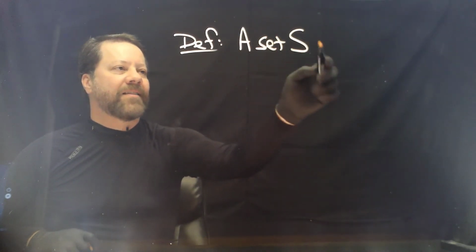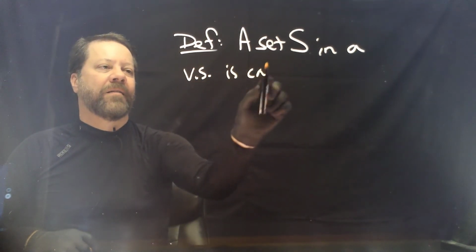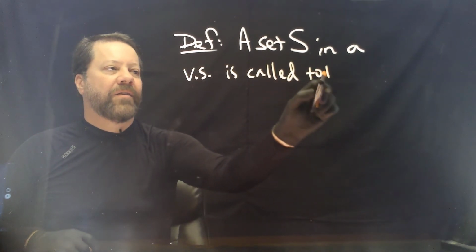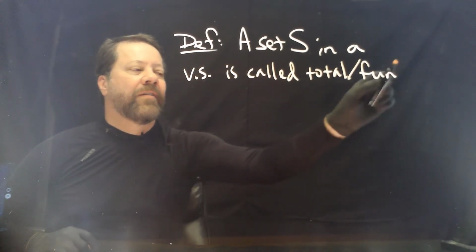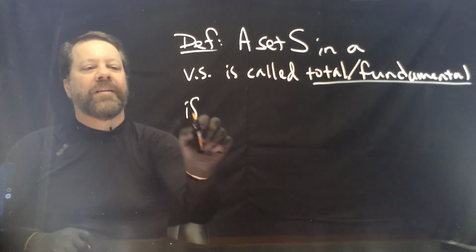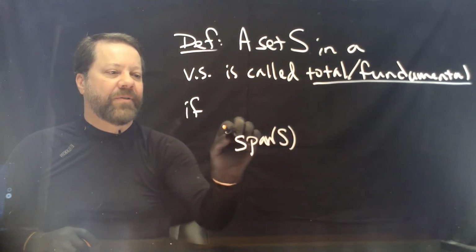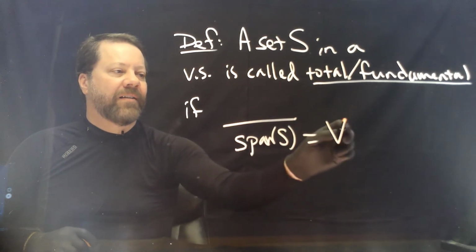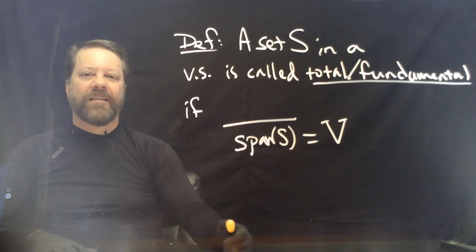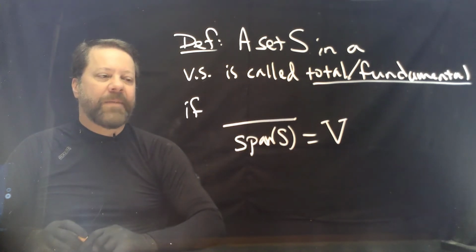A set S in a vector space is called total or fundamental if, when you take the span of S and you complete that, you get the total vector space. The bar is the closure of this set, which means you throw in all limit points. A space is complete if it contains all of its limit points.